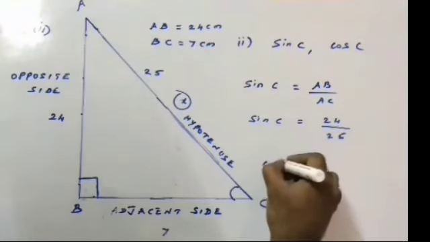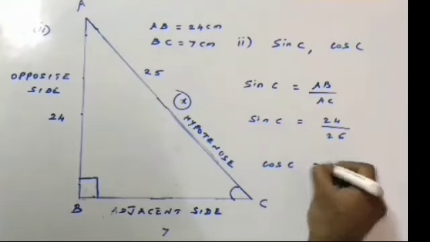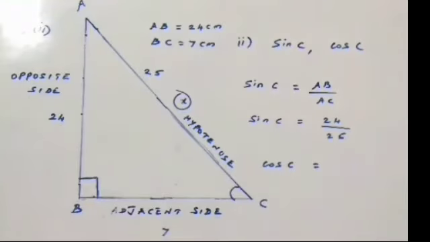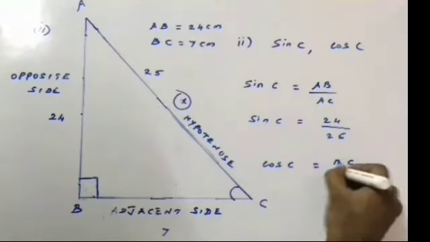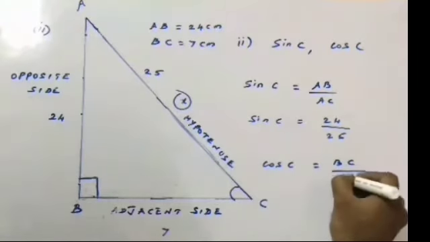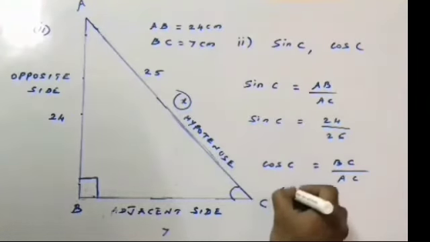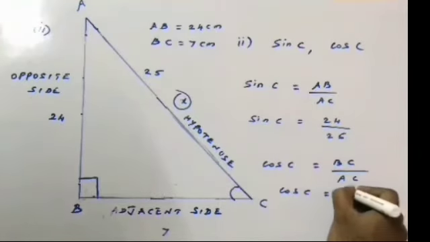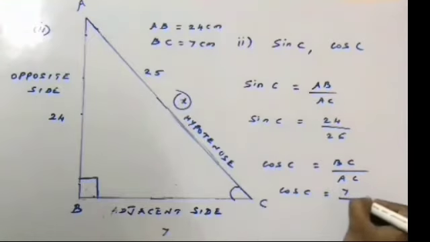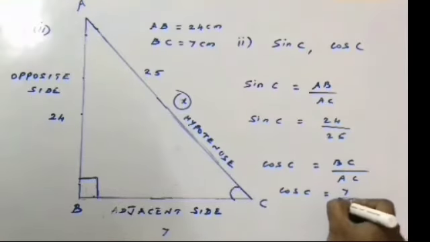And for cos C, adjacent side, here adjacent side is BC by hypotenuse side, that is AC. So cos C equal to, for BC put 7 and for AC put 25.